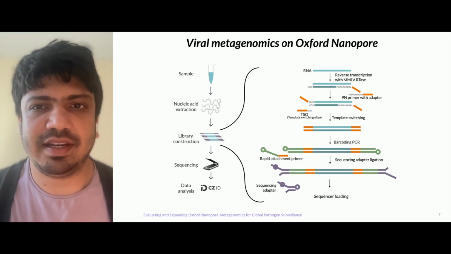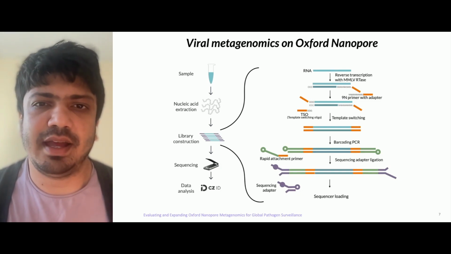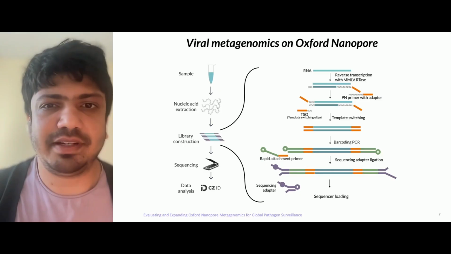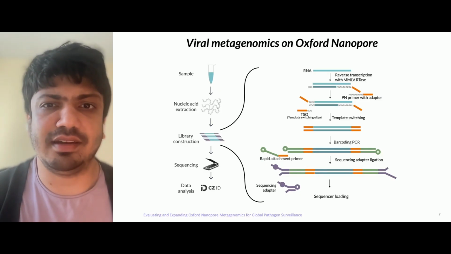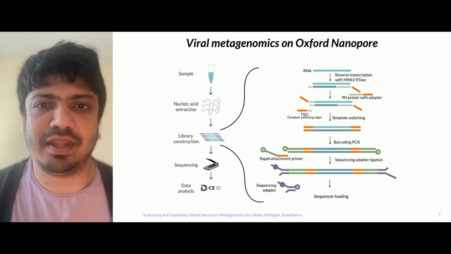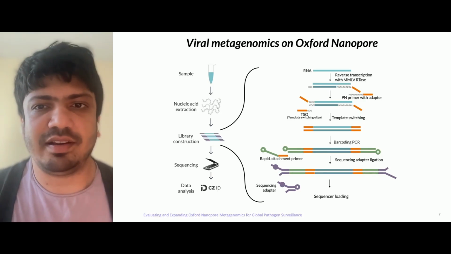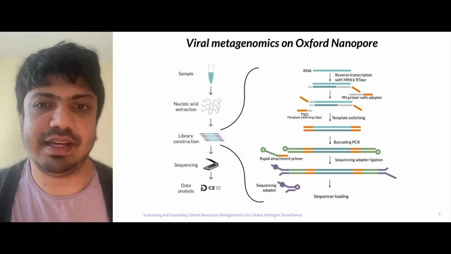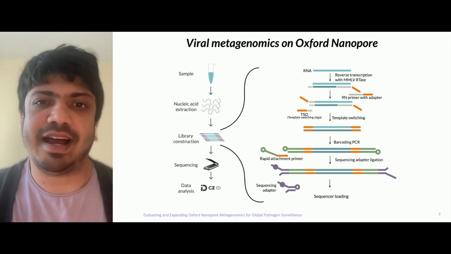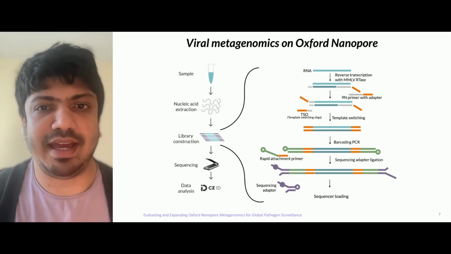We can take advantage of this property by using what are called template switching oligos, which essentially have complementary Gs at their end. Using this, we can do what's called template switching and end up with complementary DNA that has adapter tags at both ends.